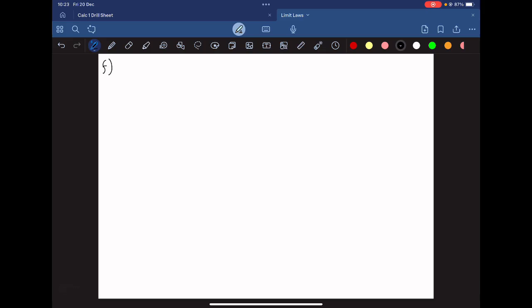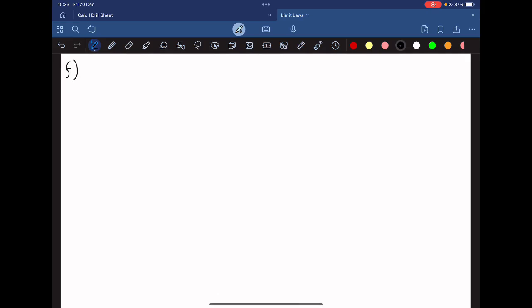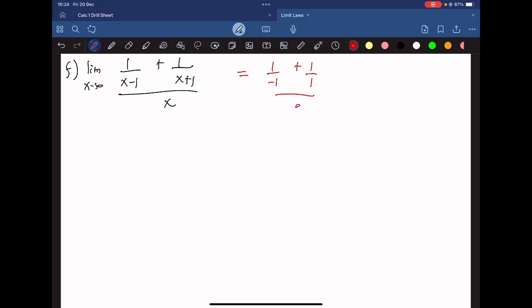Now, for f, we have limit as s approaches 0 of 1 over x minus 1 plus 1 over x plus 1, all out of x. So if we put in 0, we're going to see that we have 1 over negative 1 plus 1 over 1, out of 0.